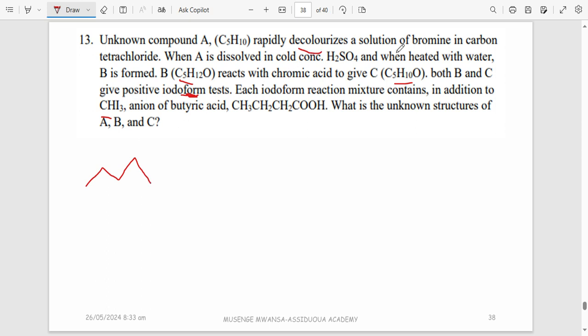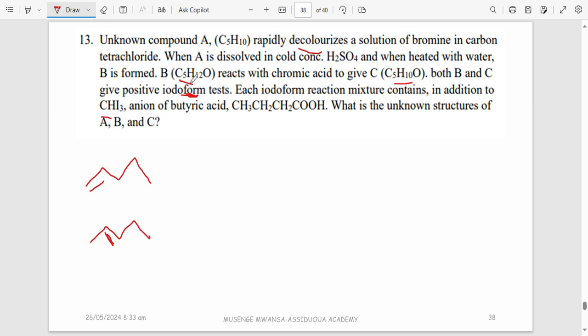Because it decolorizes bromine, it is supposed to have a double bond, but we don't know where the double bond is going to be. The double bond can be at the beginning. The double bond can be in the middle. If I put it here, it will still be this same one. And if I put it at the end here, it will still be like the first one. So these are the two possible structures of A.